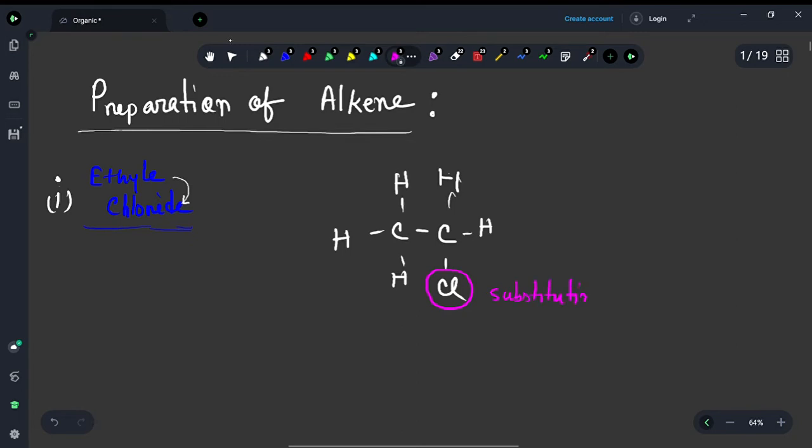substituting H. So what will be the new formula of this one? It will be C. How many carbons are there? Let's say C2, H1, 2, 3, 4, 5, C2H5, and just add the substitution one, that is the Cl, C2H5Cl. So this is called the ethyl chloride.